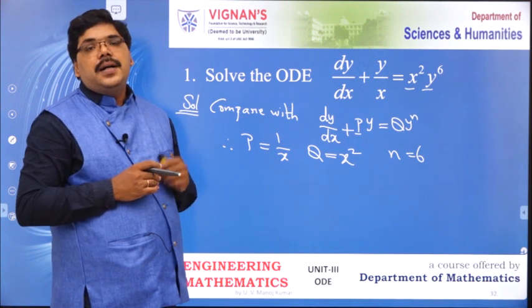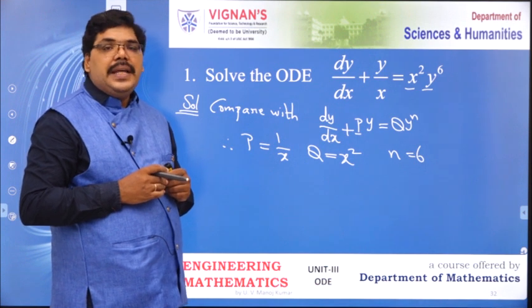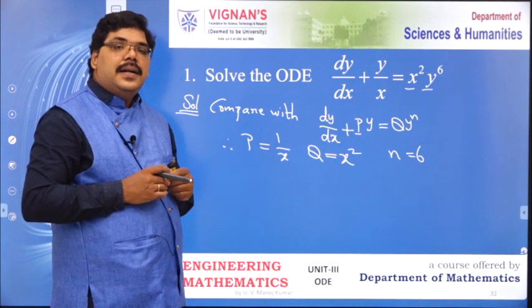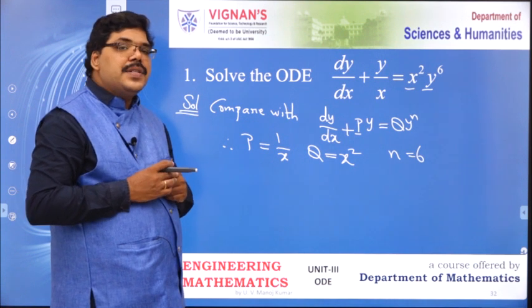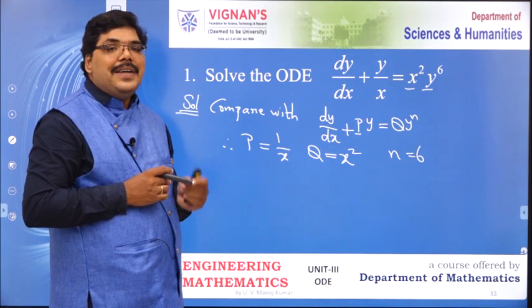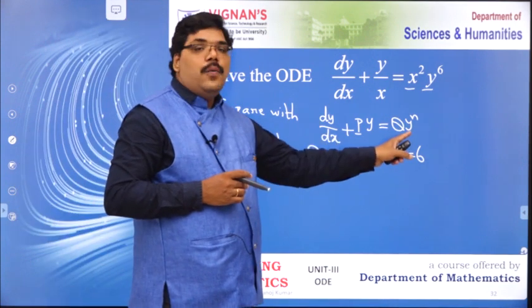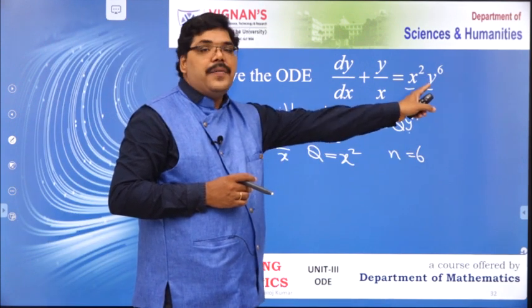So what is the procedure to solve Bernoulli's differential equation? We reduce the given differential equation into linear, and for converting it into a linear differential equation, we are dividing the entire equation with y power n. What is y power n here? Y power 6.